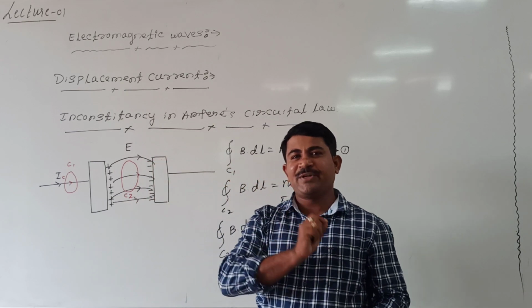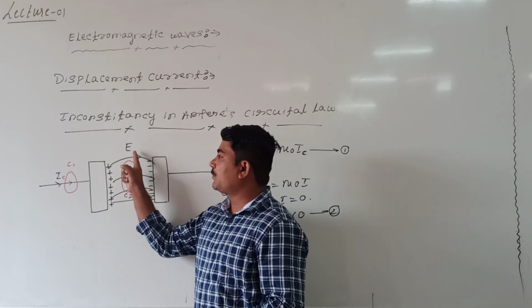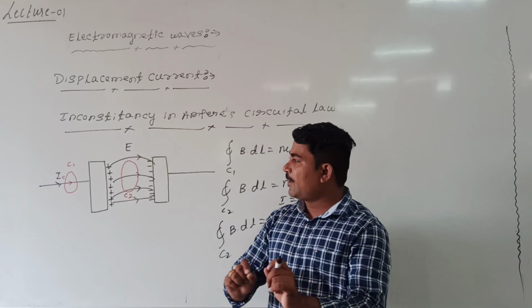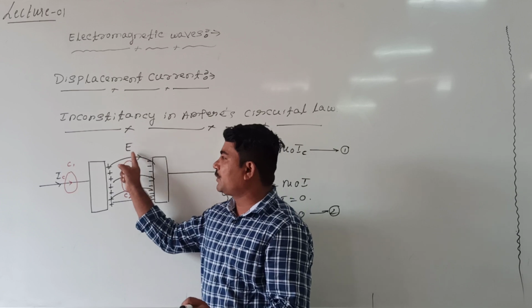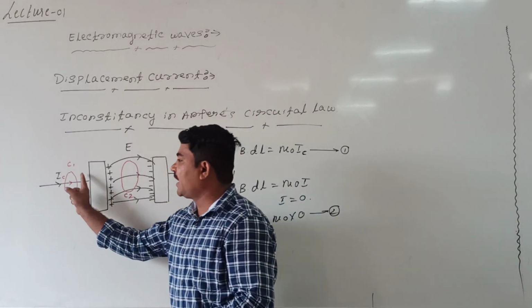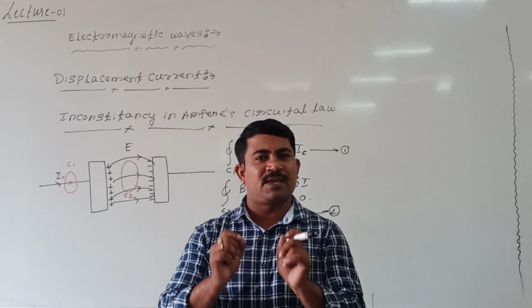But Ampere's Circuit Law is unable to find the magnetic field due to a changing electric field. It can find the magnetic field due to conduction current. This is the inconsistency in Ampere's Circuit Law.